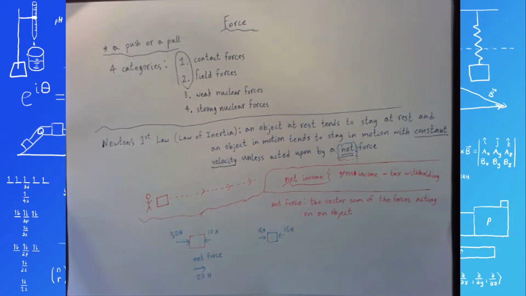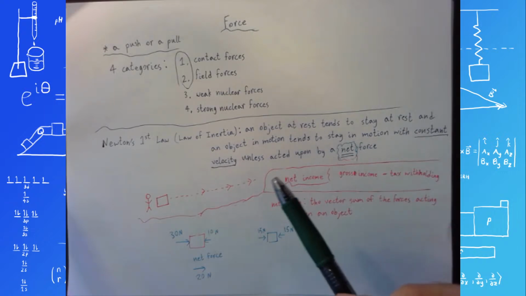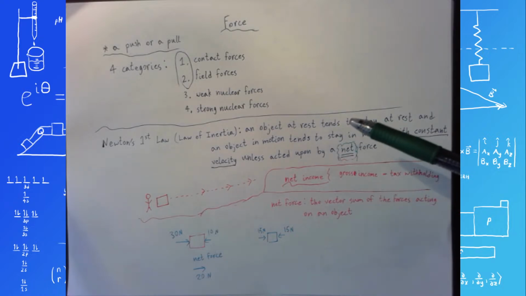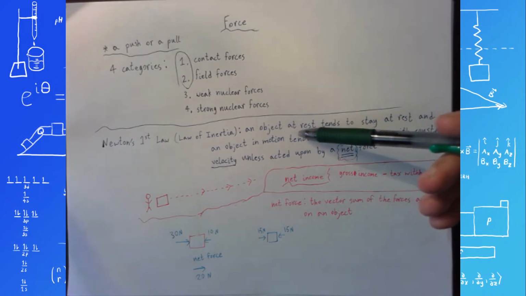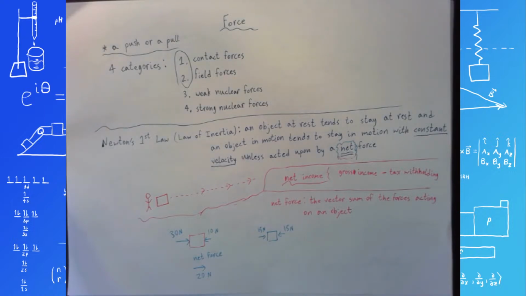Anyway, so I guess we will reiterate Newton's first law, to put it closer to layman's terms. Whatever velocity an object has, even if that velocity is 0, that is the object being at rest, will be constant. And the only way to change that is to have a net force act on that object.